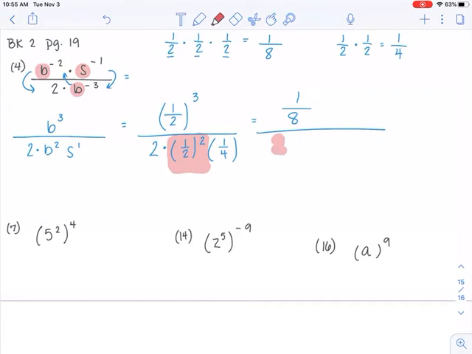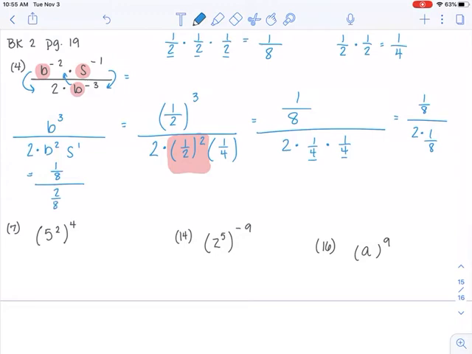So now I have 2 times 1/4 times 1/4. 4 times 4 is 16. So now I have 1/8 over 2 times 1/16. And 2 times 1 is 2. 2/16.